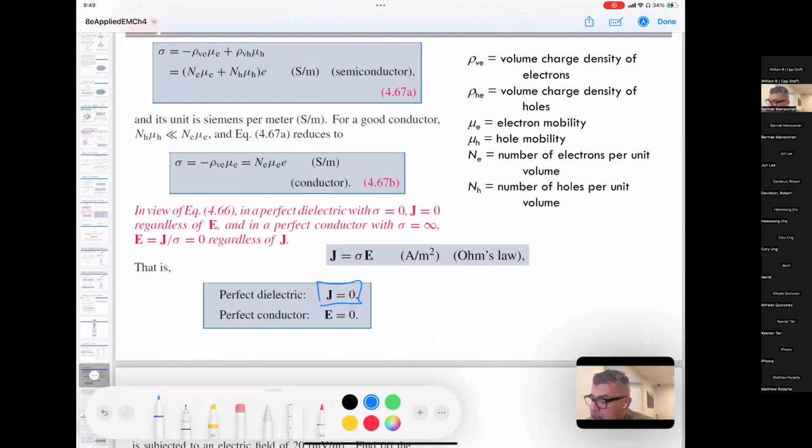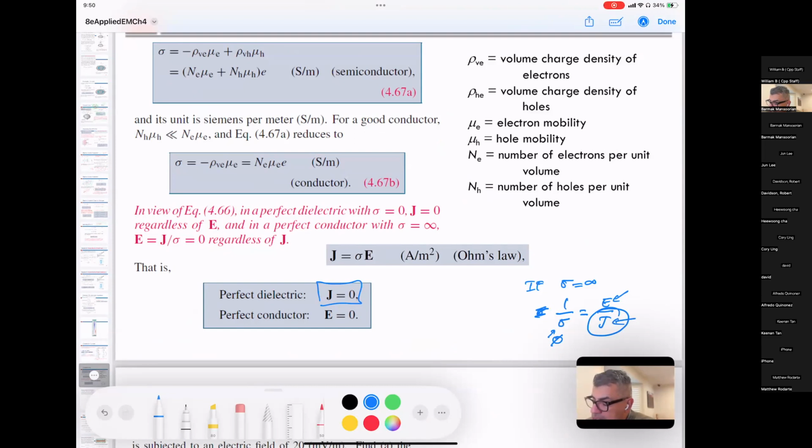And vice versa, if you had a perfect conductor, where sigma is infinity, how do you get sigma to be infinity? 1 over sigma, which is epsilon over j, would go to 0, and you'd need an essentially infinite current through it.